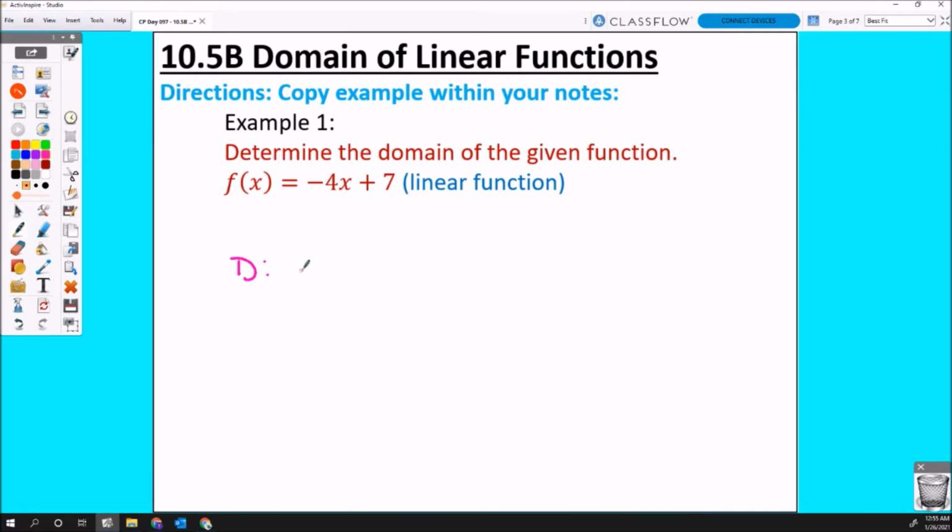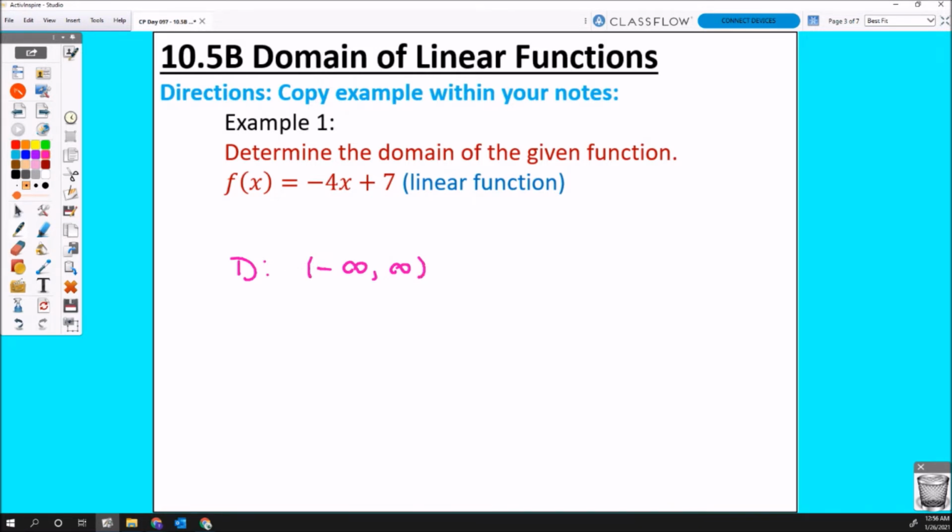And interval usually involves parentheses and brackets, just like how I described in 10.1 and 10.4. So if it's all real numbers, that means that it would go from negative infinity to positive infinity. So you would write it starting with the lowest value, in this case negative infinity, comma, positive infinity, or just infinity. And then since we are using infinities, we always use parentheses.